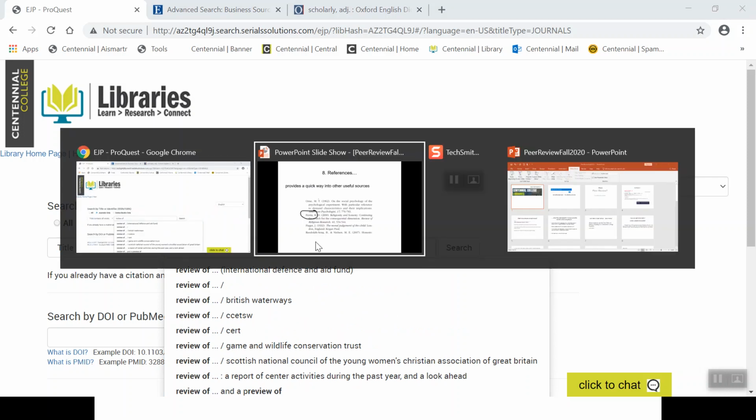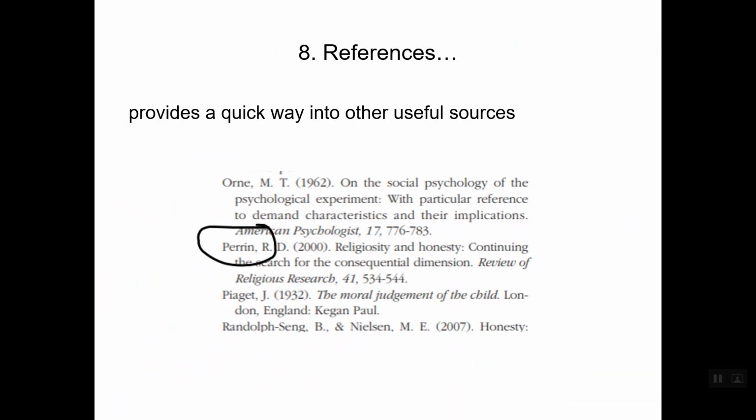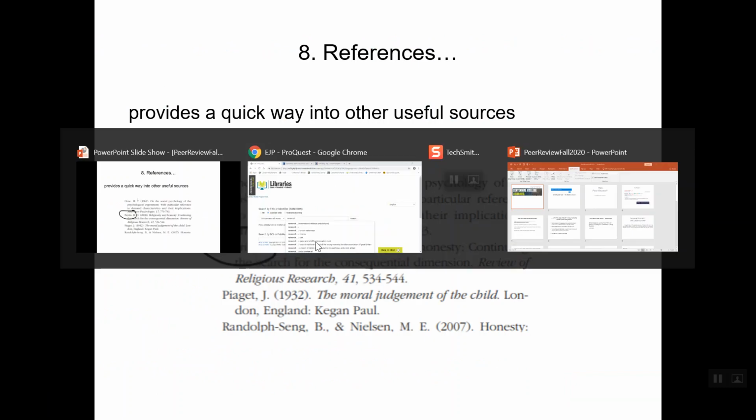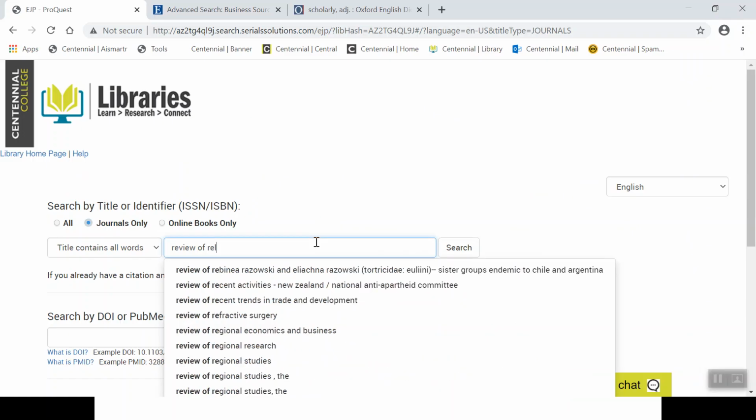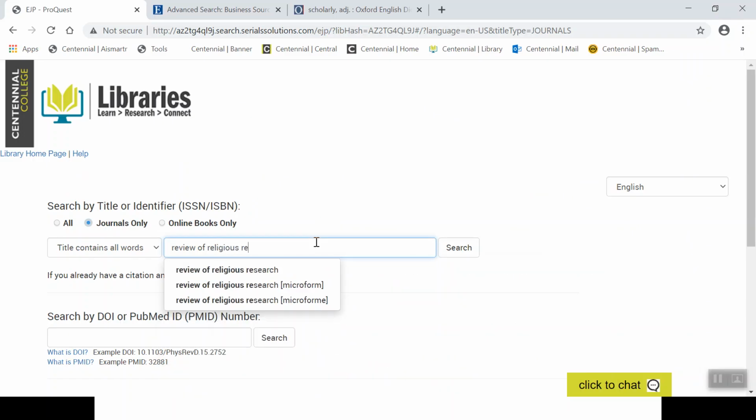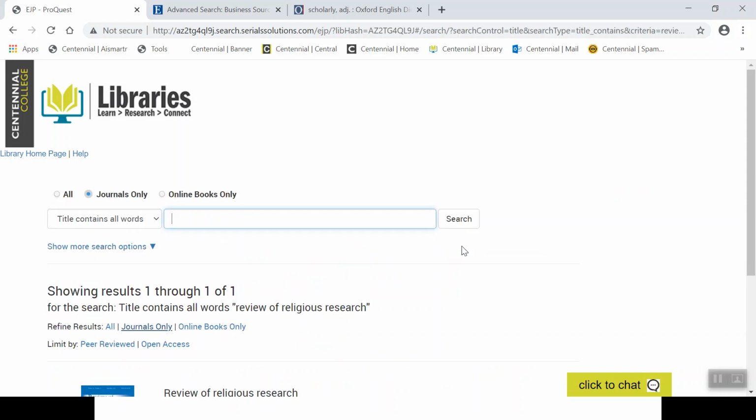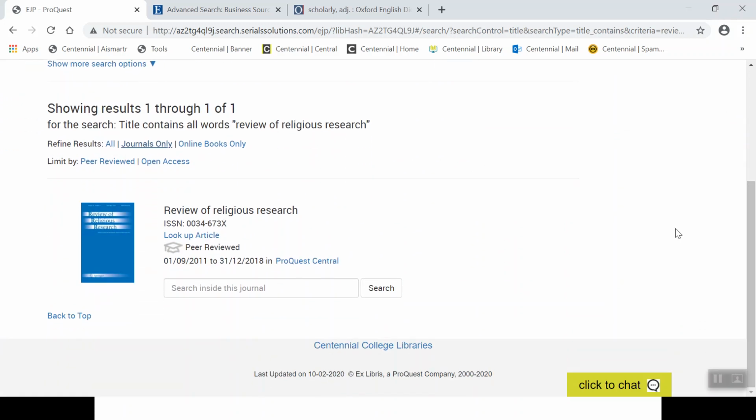Again, let's go back and refresh our memory. The Review of Religious Research. We'll cross our fingers and go. And you'll note that yes, indeed, the library collection does include this publication within its holdings.